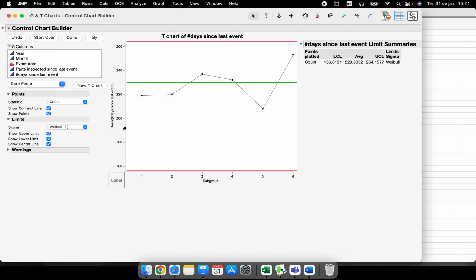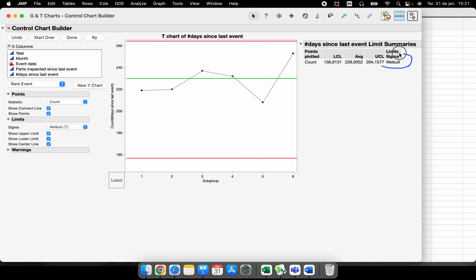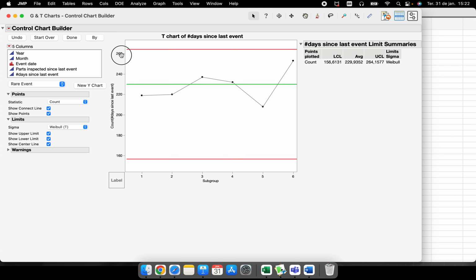So the T chart is considering Weibull distribution to calculate the limits, the sigma, the control limits of this chart. And this chart, the T chart, is talking about how many days we had between the events. And again, if we have a trend, it is good. Okay, so the G chart and the T chart, they are part of the rare event control charts.